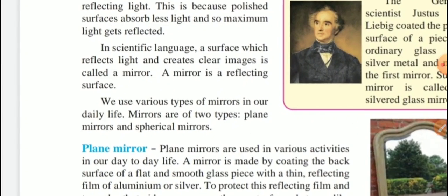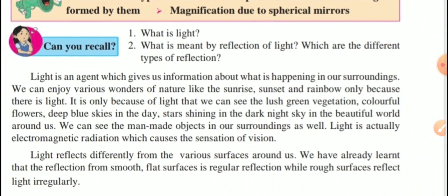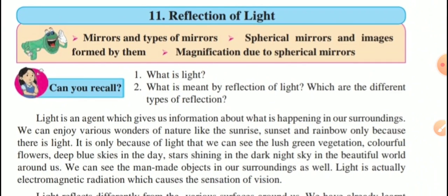Can you recall? Come back. So next explanation given here, see there. Light is an agent which gives us information about what is happening in our surrounding. We can enjoy various wonders of nature like the sunrise, sunset, rainbow only because there is light.